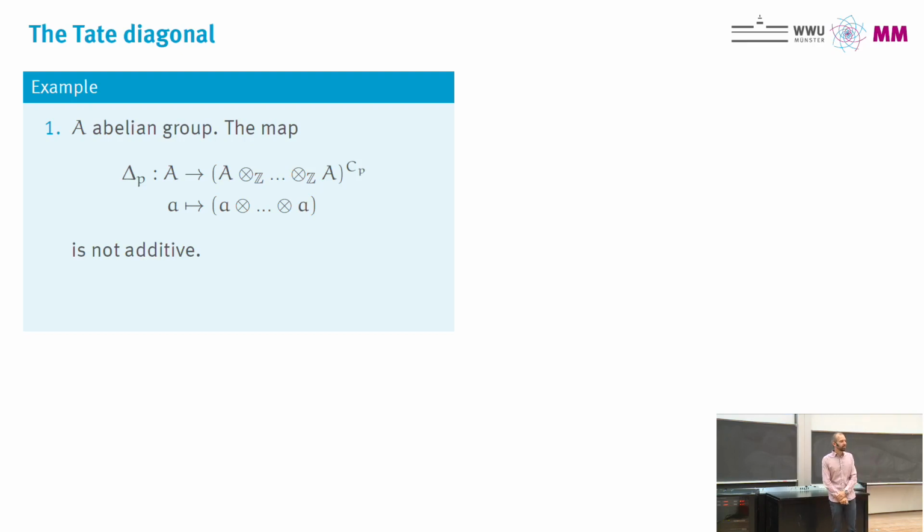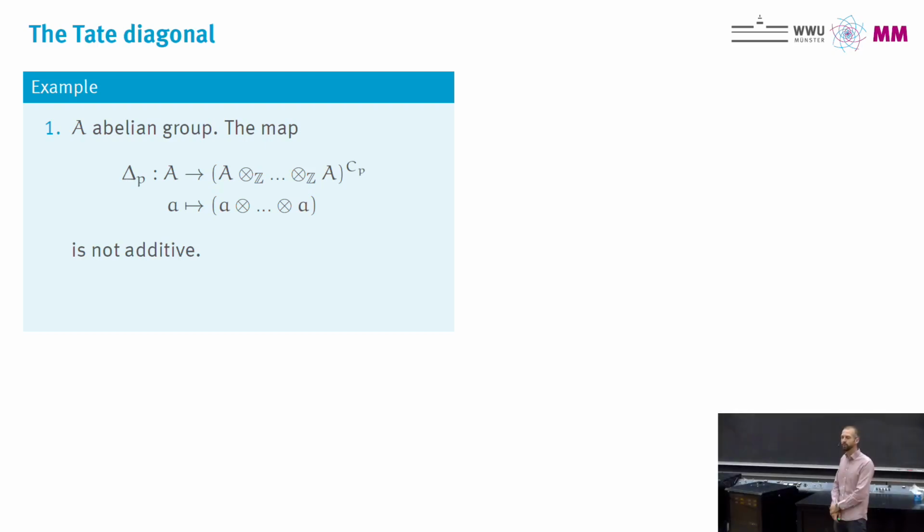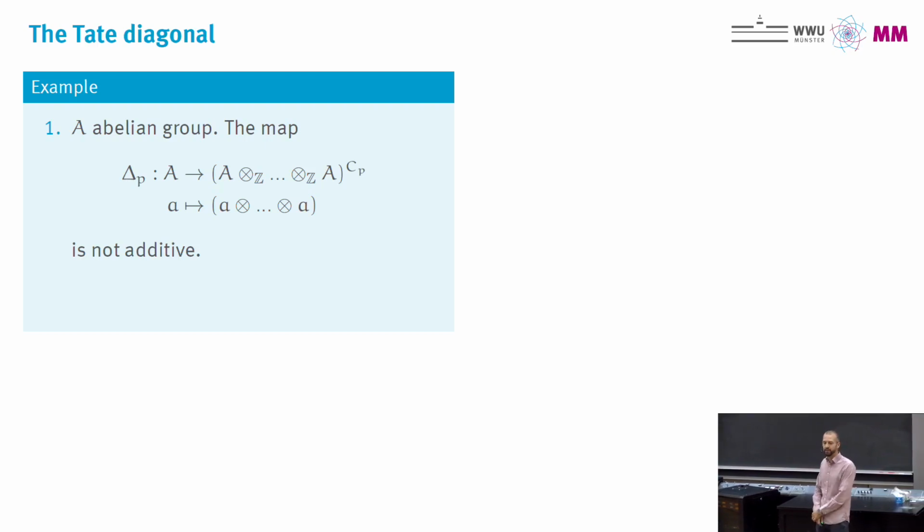The Tate diagonal. So here's the thing: take A an abelian group, and then we consider the diagonal map. We just take p tensor copies of A itself, and we send a to this diagonal element a⊗...⊗a. No problem, that's a well-defined map. Except, well, it's not additive. Obviously, if I input a plus b, then I'm going to expand out, and you get all these annoying mixed terms.